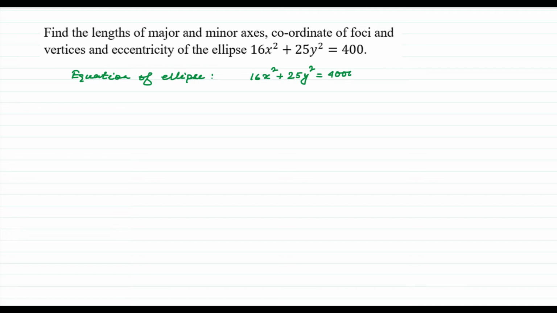We have to keep it in the form x square by a square plus y square by b square equals 1. So we have to make the right side 1. For that purpose, we need to divide both sides by 400.